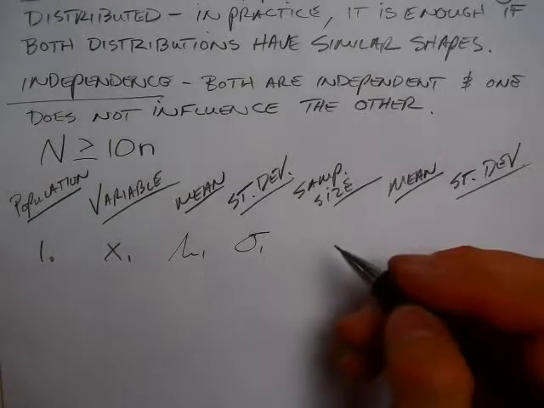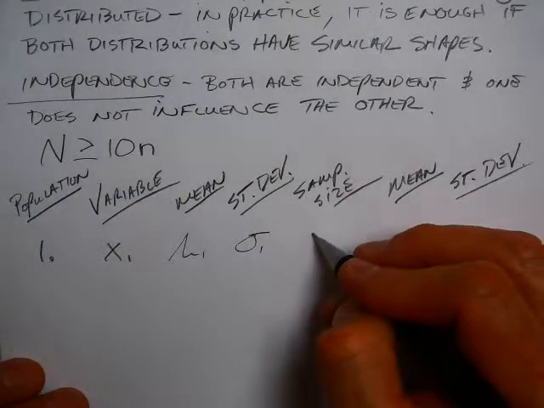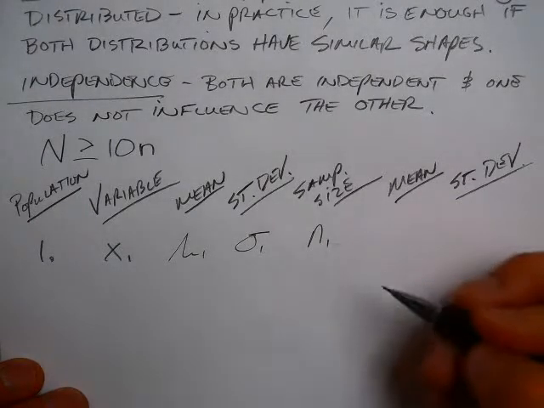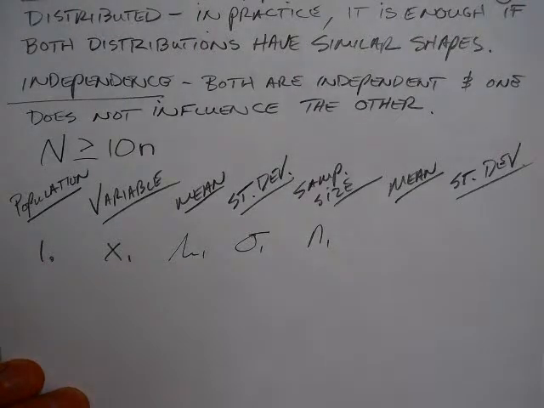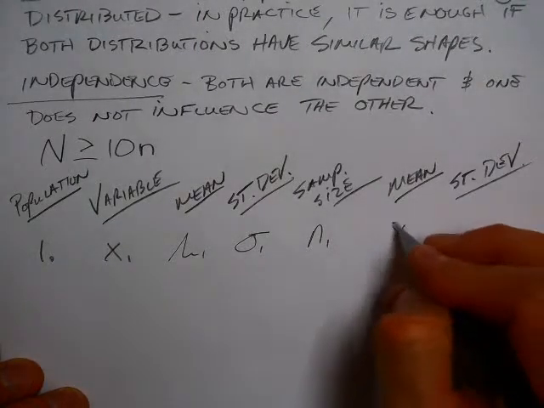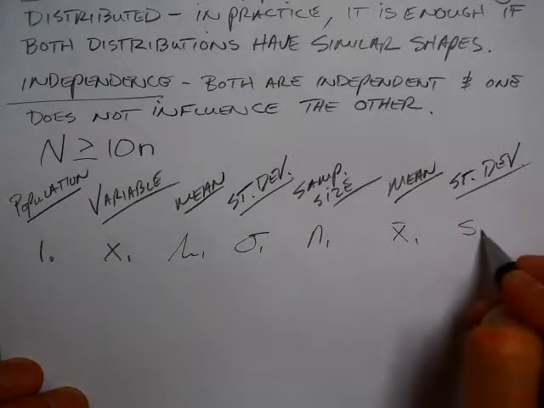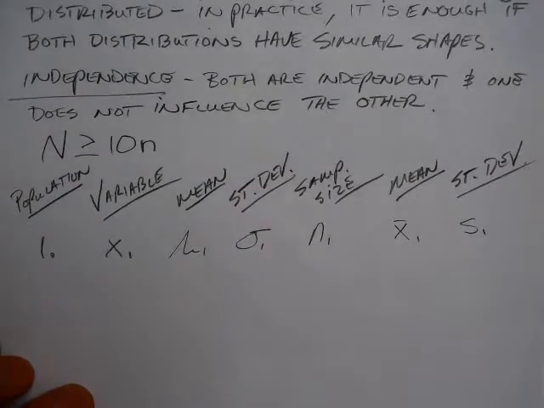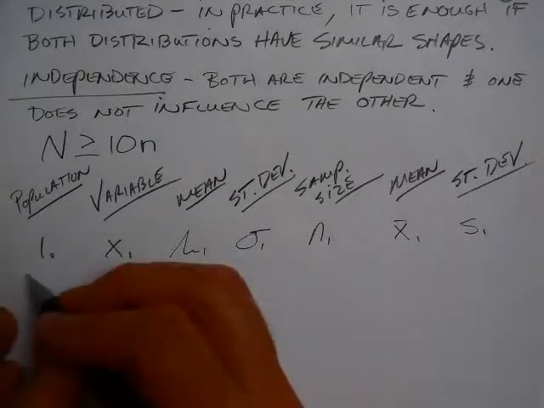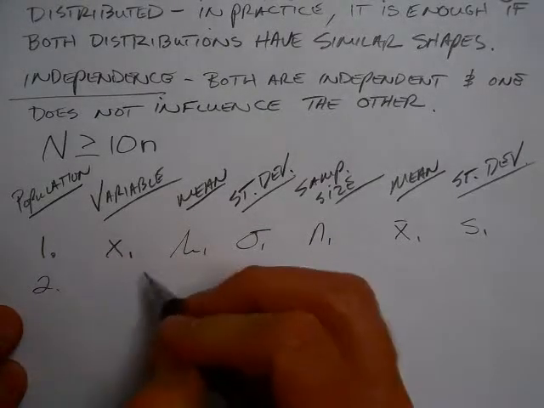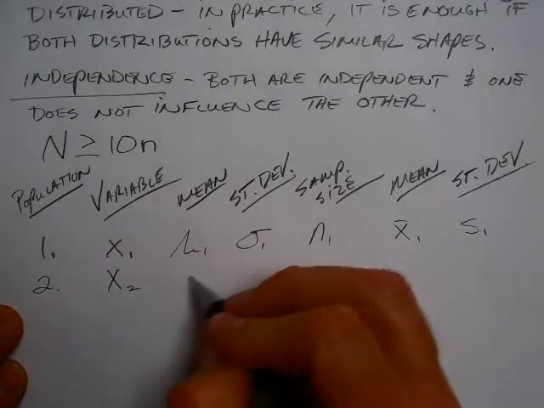You can use other letters or whatever, but the idea is the same. N1 for sample size. This mean would be x bar 1. And this standard deviation, S1. For population 2, well, it's all that. It's just 2's.